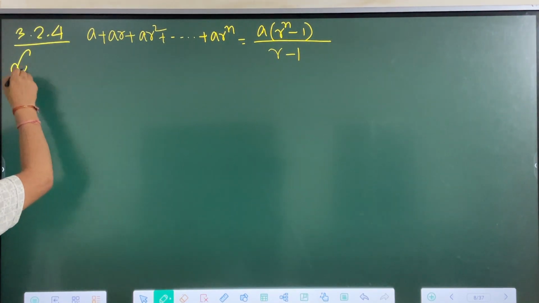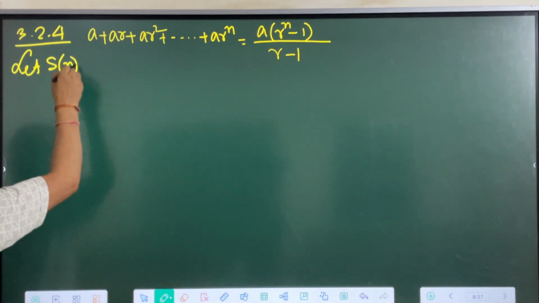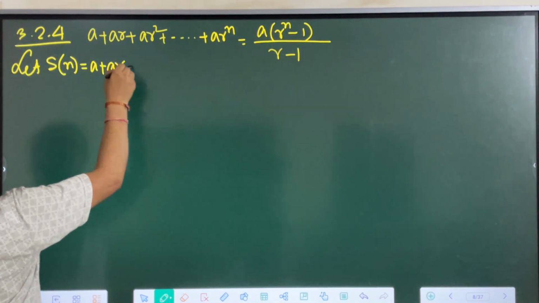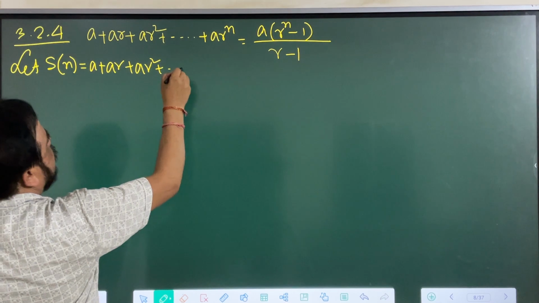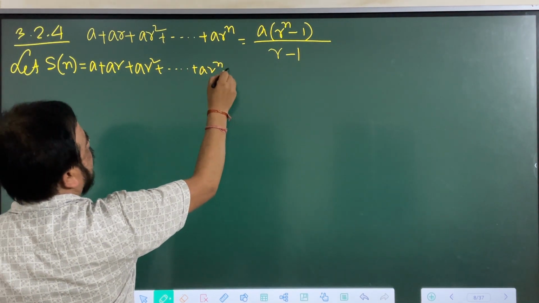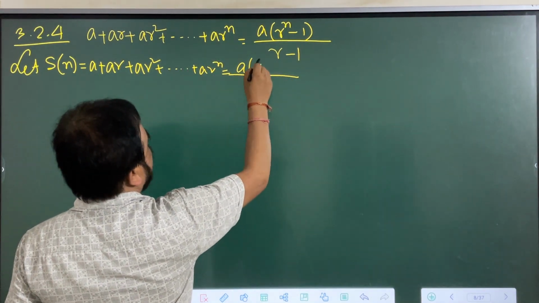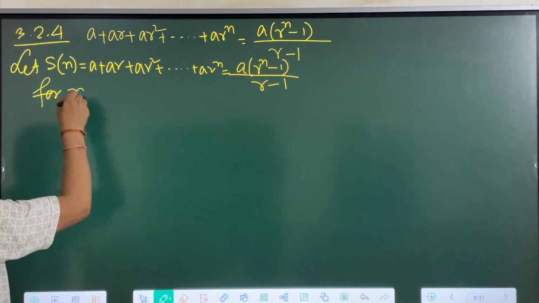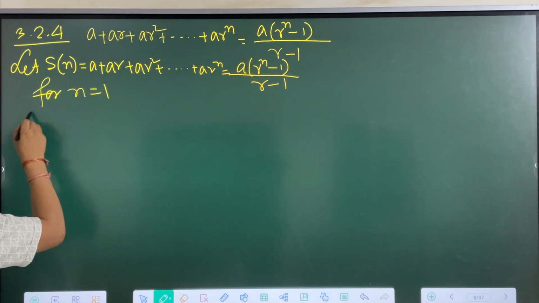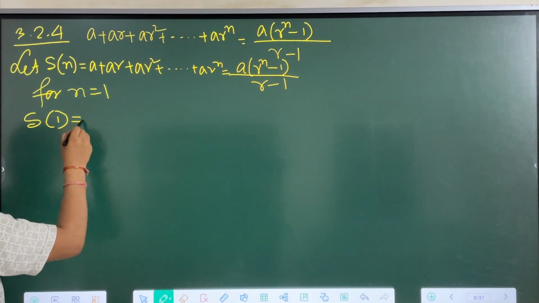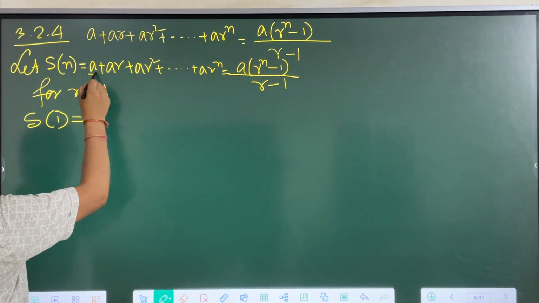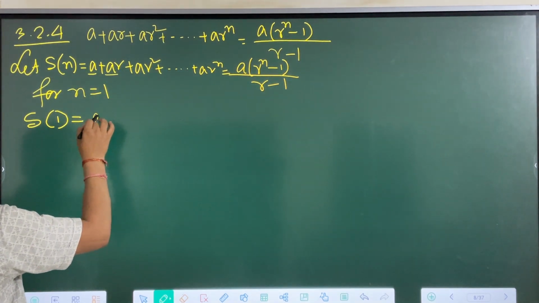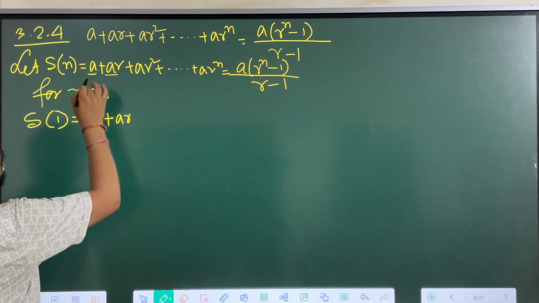So first, let P(n) be: A plus AR plus AR square plus ... plus AR^n equals A(R^n minus 1) by R minus 1. For n equals 1, the process is the same. So S1 is equal to A plus AR. Look here, A plus AR will be the first term.